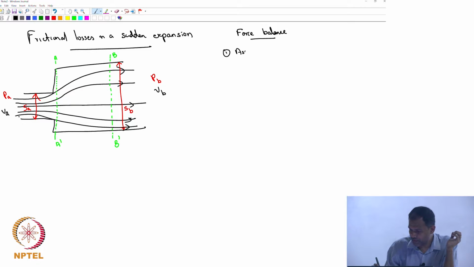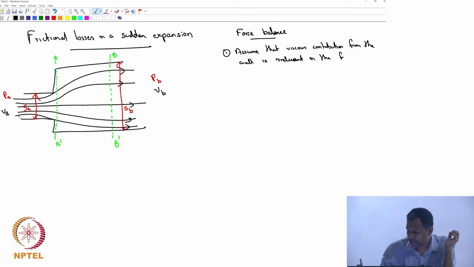We assume that the wall or the viscous contribution from the wall is irrelevant in the force balance. Then I can find out what is the net force acting on this fluid. That's only going to come from the pressure forces.